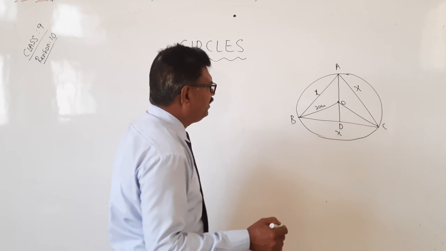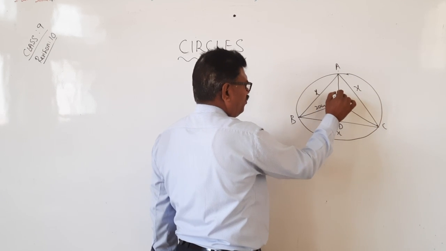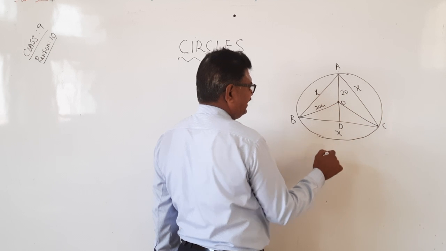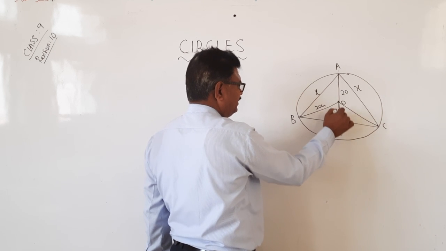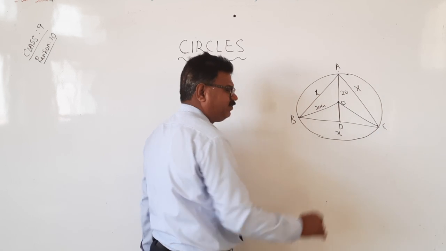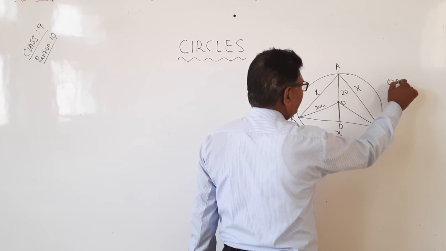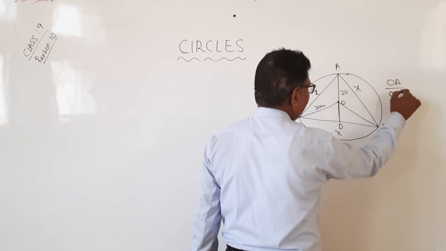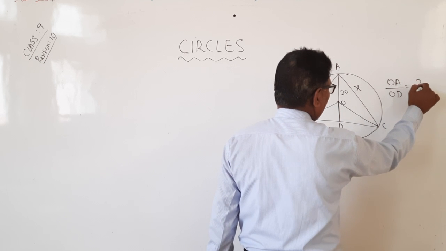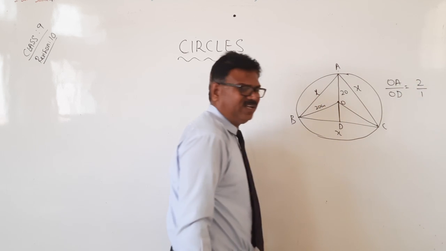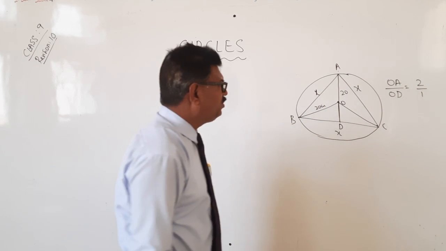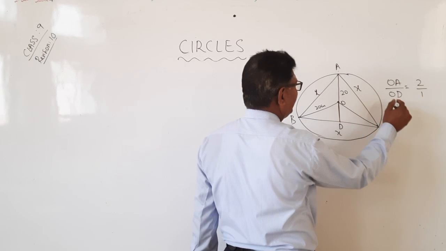Very simple. Here, it is 20 centimeters. We know that O is nothing but the centroid. We know that OA by OD is in the ratio 2:1. What is OA here?